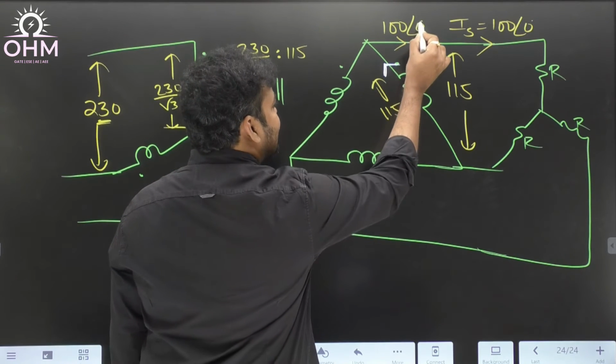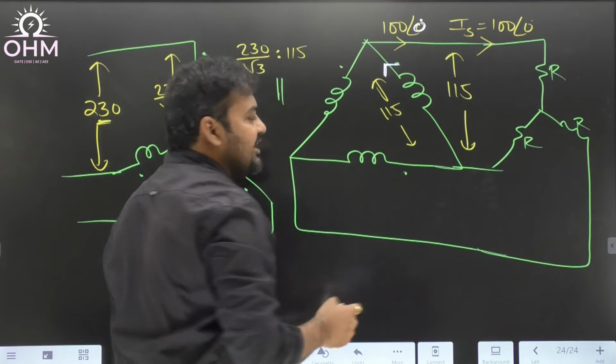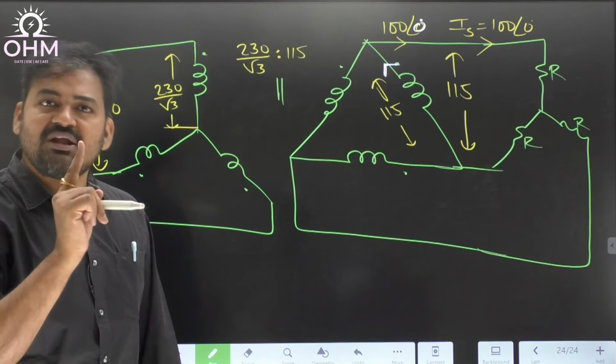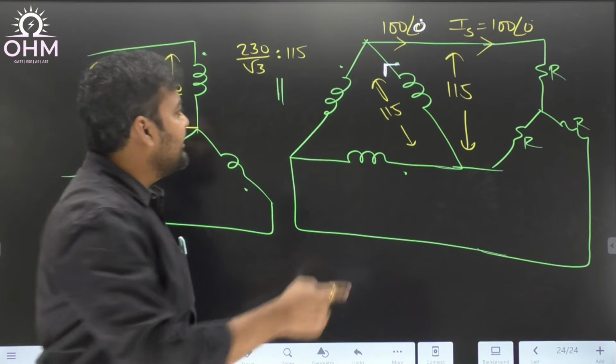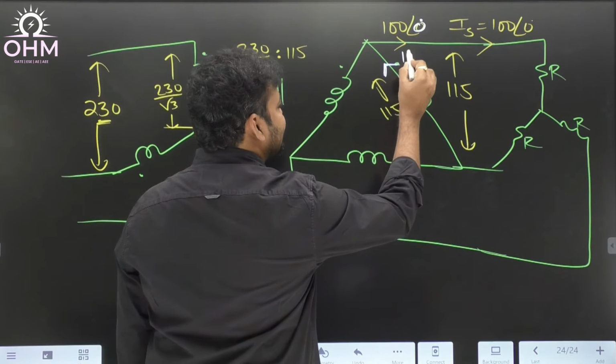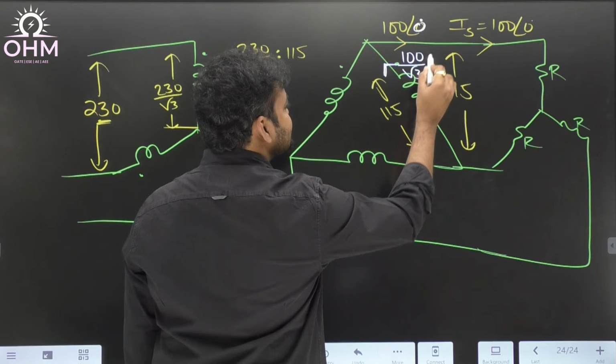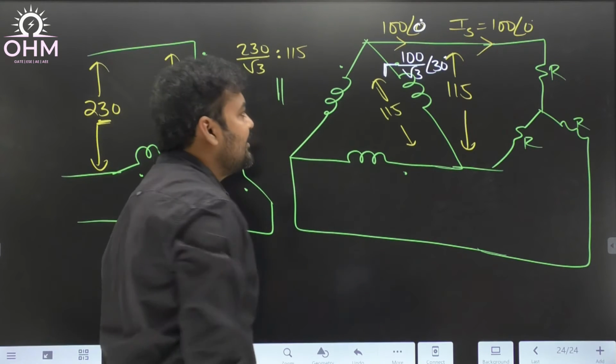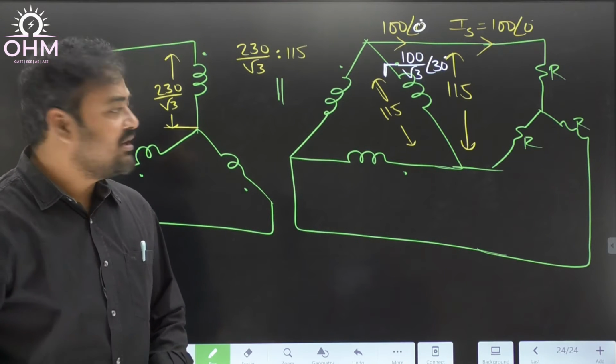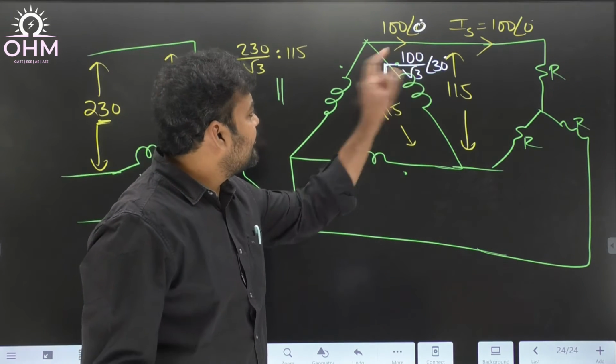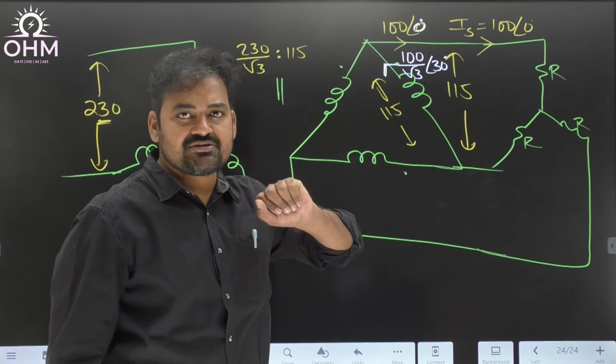Therefore, as the line current is at an angle 0, phase current will be at an angle plus 30 degrees. Coming to the magnitude, phase current will be 1 by root 3 times the line current. So line current is 100, therefore phase current will be 100 by root 3 at an angle 30 degrees.